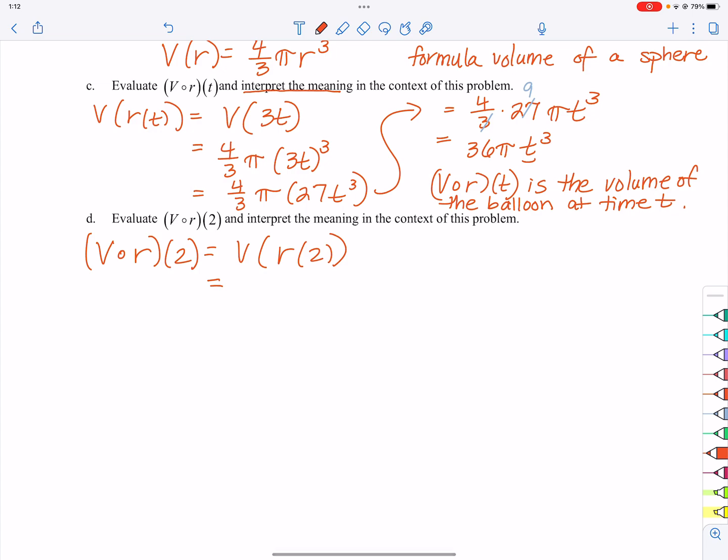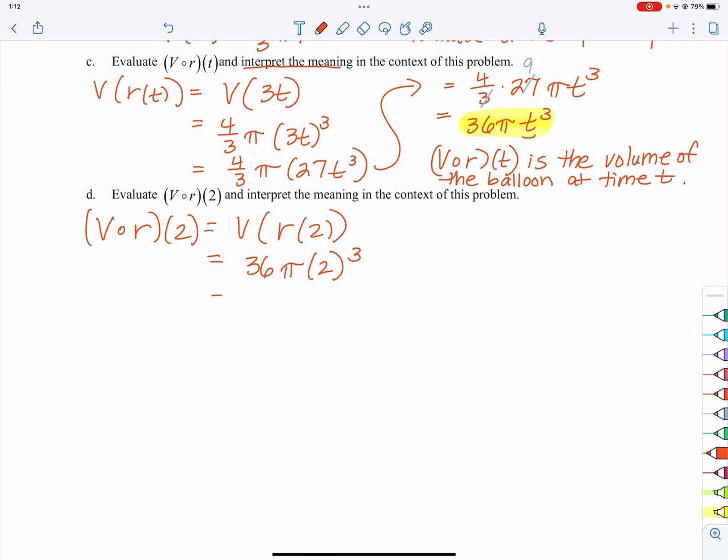And we just found that formula. We don't have to do it again. That's equal to 36 pi times t cubed. And that's equal to 288 pi.